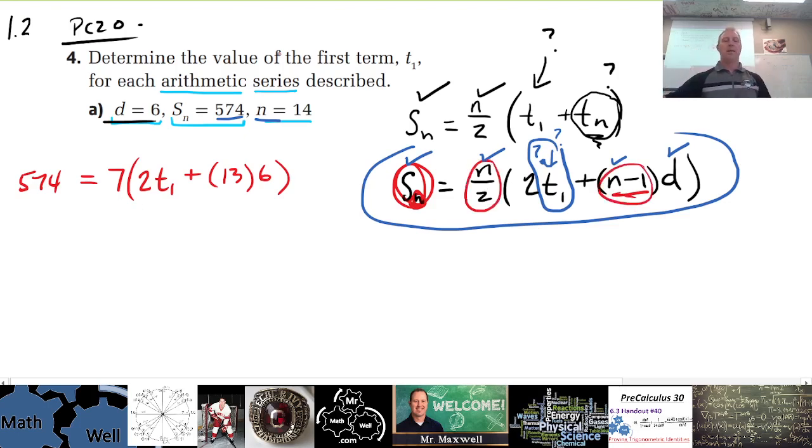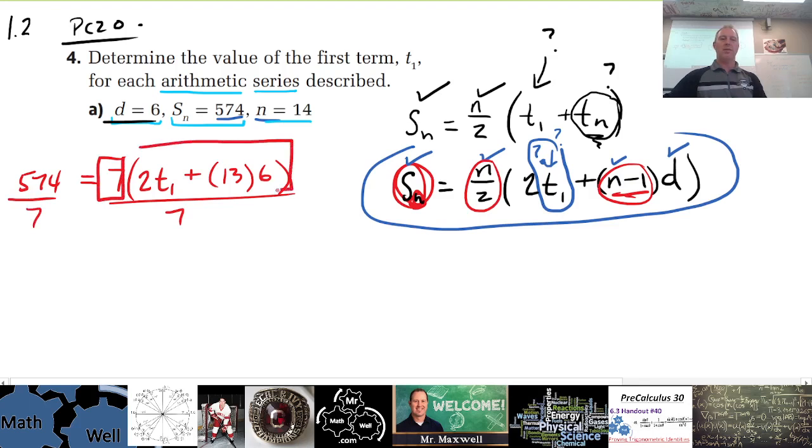All right. So now what we need to do is get T1 by itself. There's a few different things we could do. If you want to distribute this 7 into these brackets, you can, but we're trying to get T1 by itself. We're not trying to make T1 more complicated. So what you could do is divide both sides right away by 7, because this 7 is multiplied by everything in here. So we could eliminate this 7 right away.